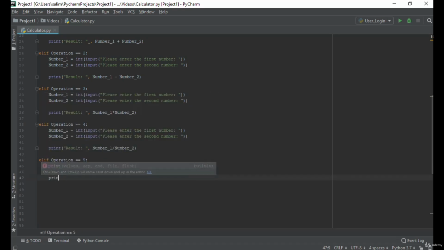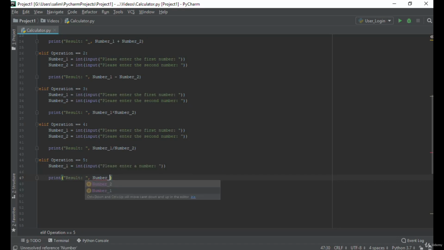Print number1 to the power of 2. And the sixth one is BMI.